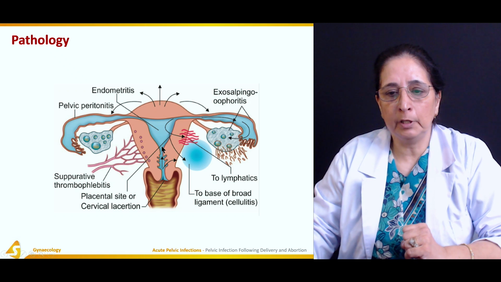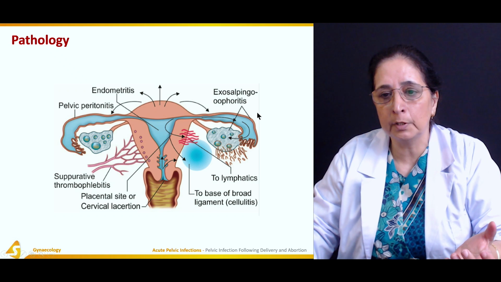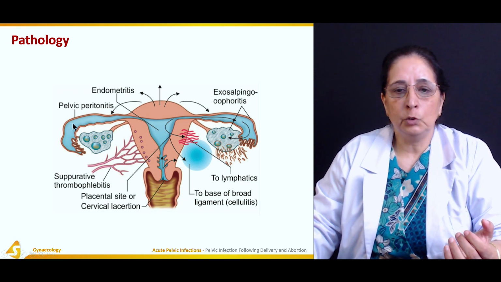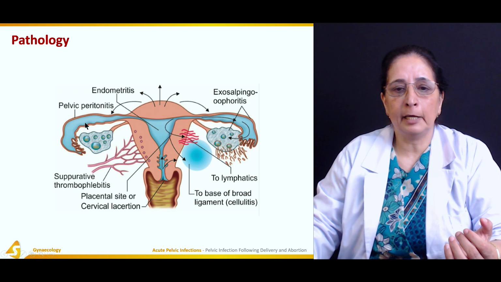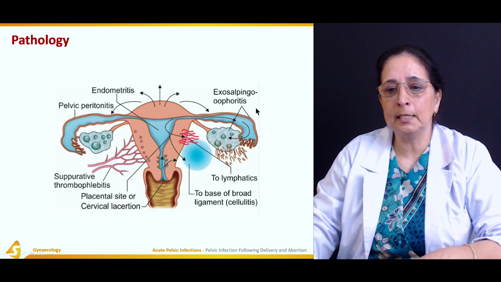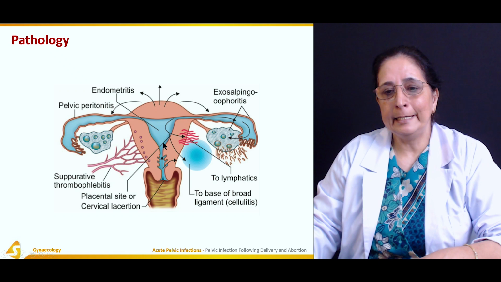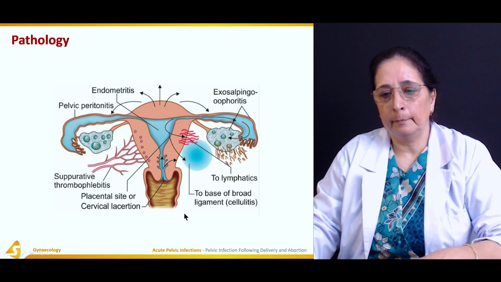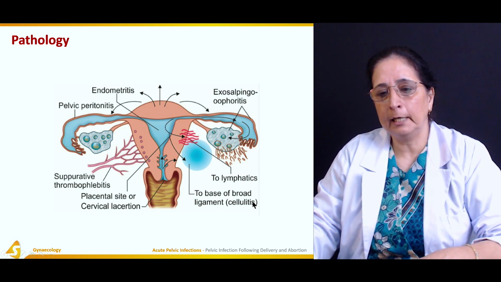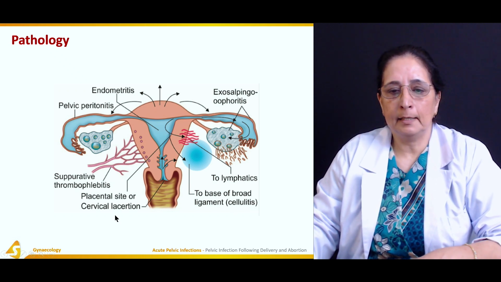From the endometrium, the infection can go to the fallopian tubes, and then it can lead to peritonitis and salpingitis. It can lead to the ovaries, causing oophoritis, and then it can also lead to the bloodstream, the base of the broad ligament, and then cellulitis.